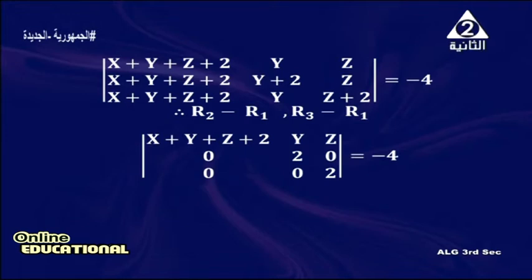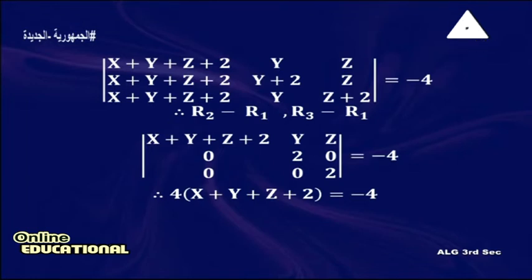What is the value of the determinant left hand side? Yes, excellent student. The product of the principal diagonal equals negative 4. 2 times 2 is 4, multiplied by bracket containing x plus y plus z plus 2, equals negative 4.